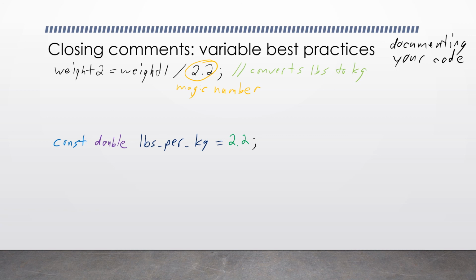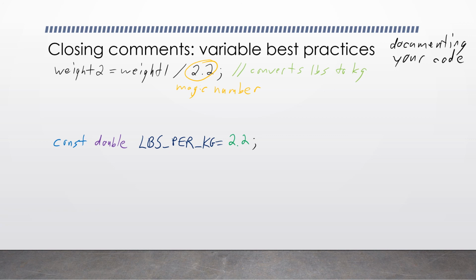Pounds per kilogram equals 2.2. This is a lot easier to read. Now, there's a convention in C++, it's not an absolute rule, but it's a convention that when you give a constant a name, you put the name in all caps to signify that that's an important value and that it's never going to change.